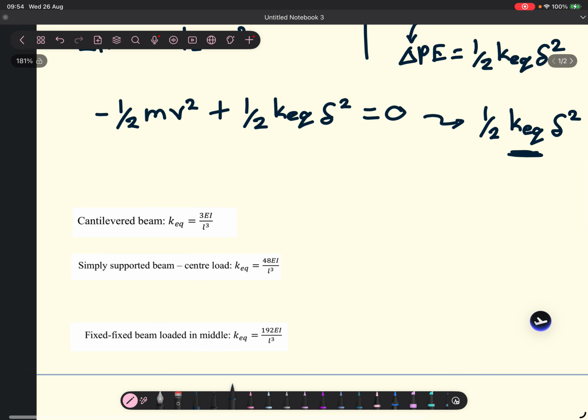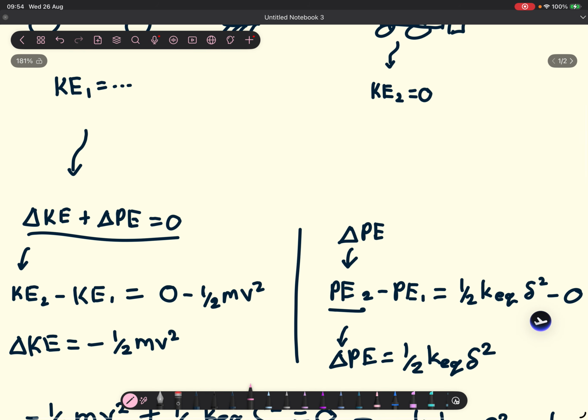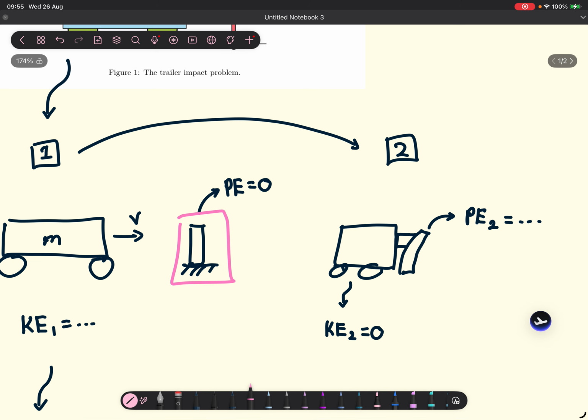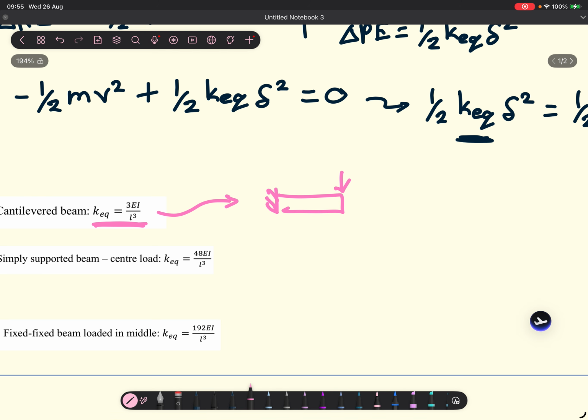So I got these equations from the MVR formula sheet. I don't know where these equations are in Shigley. If we have a cantilevered beam, which is what we have over here, and your load is applied at the end, then this is going to be your K equivalent. That's going to be the equivalent stiffness for the beam for this problem.